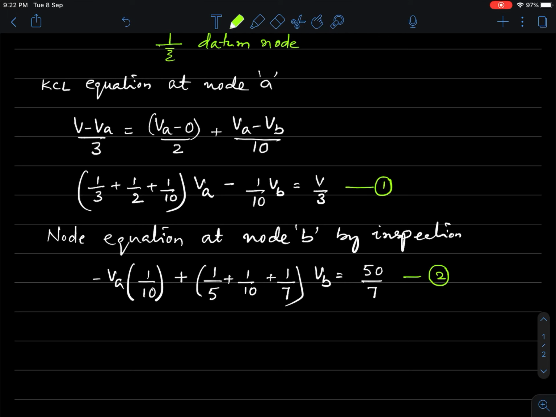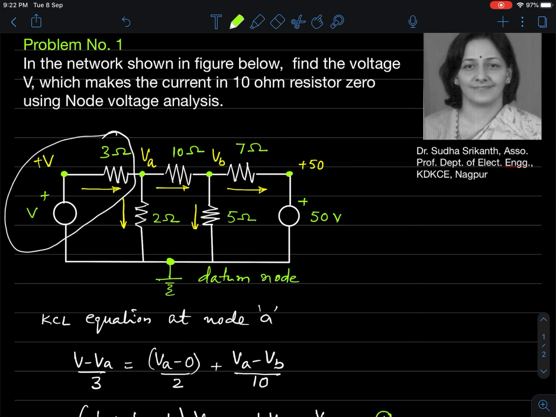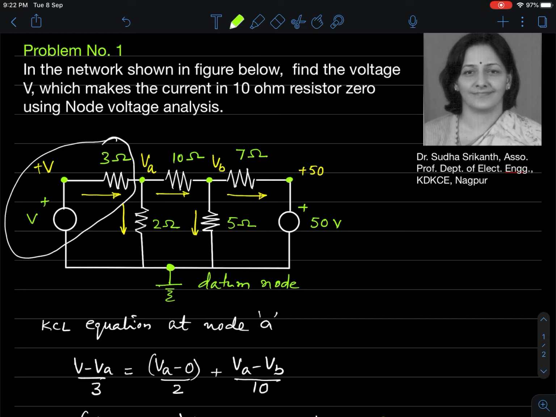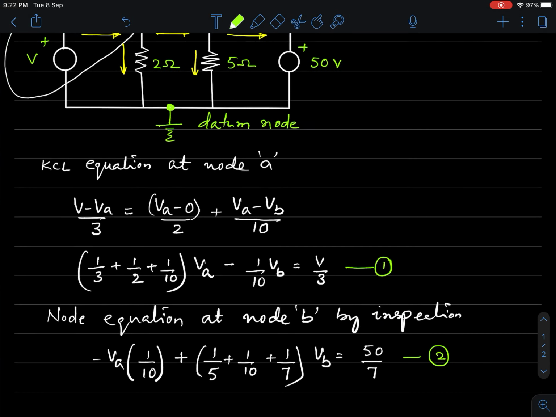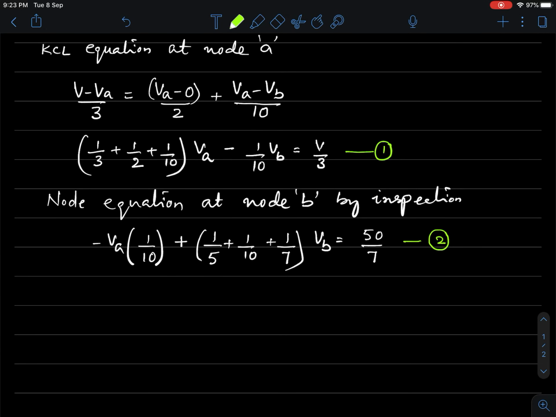Now we will try to see what is the problem statement. Going back to the problem statement, it says find the value of V which makes the current in 10 ohm resistance 0. That is what is being given. So we will put it mathematically. We will try to express the given statement in the form of an expression. Given the current through 10 ohms, how do we determine it?